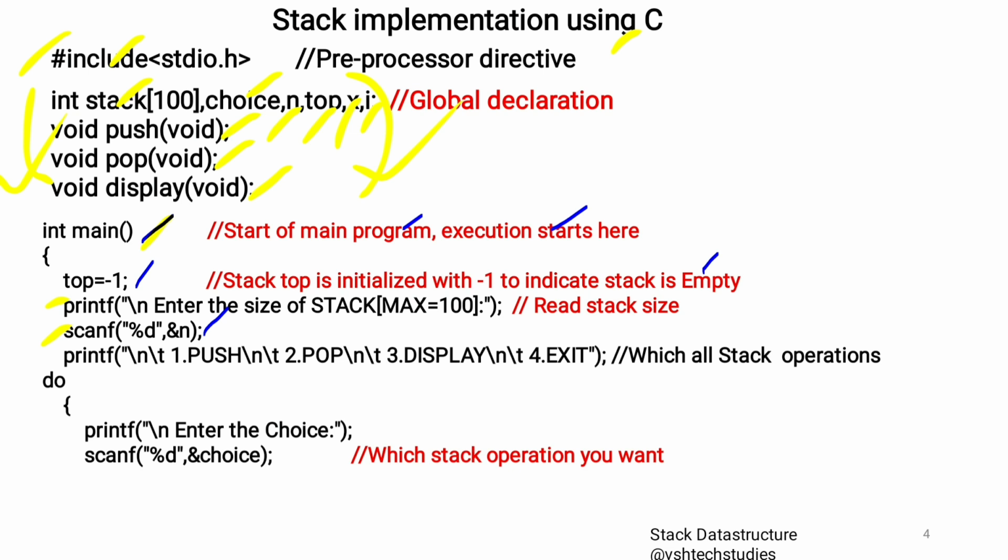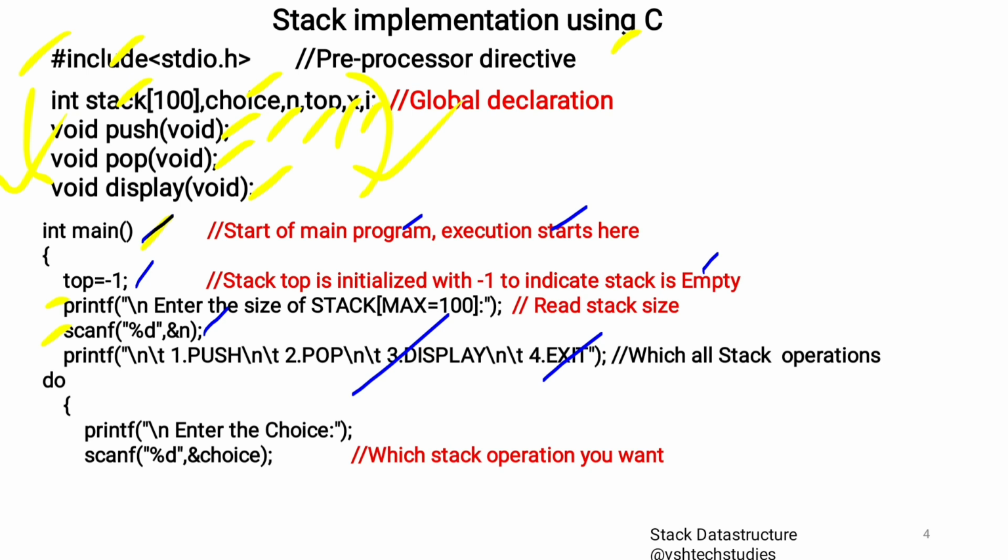If we give 5, we are going to use index positions 0 to 4, so our stack is of size 5 if we give n as 5. Next, this message is displayed on the monitor so that the user enters 1 for push, 2 for pop, 3 for display, and 4 as an extra for the exit operation.